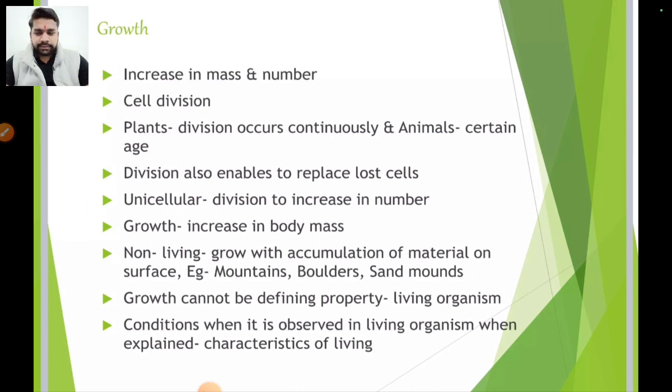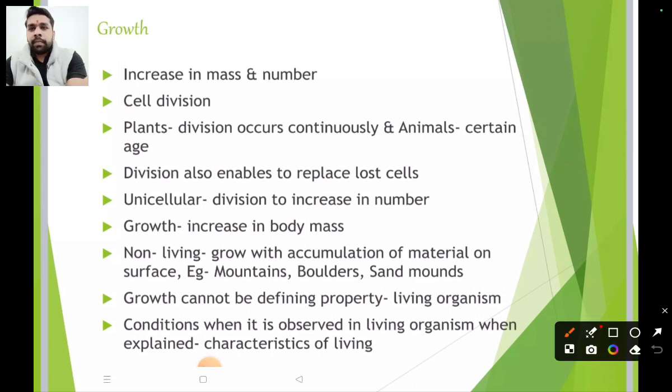First characteristic, that is growth. Now, what does growth mean? Growth means increase in mass and number. Here, mass doesn't mean weight. There is a difference between mass and weight. Mass means accumulation or deposition of the same kind of material at a particular place or space.